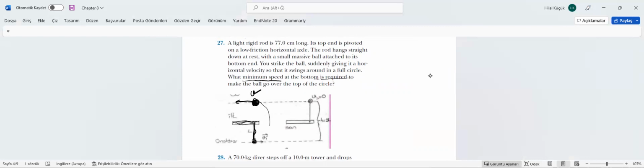At the minimum at the top here, yes. If your speed at the bottom is minimum, when it comes here, the final velocity will be 0.